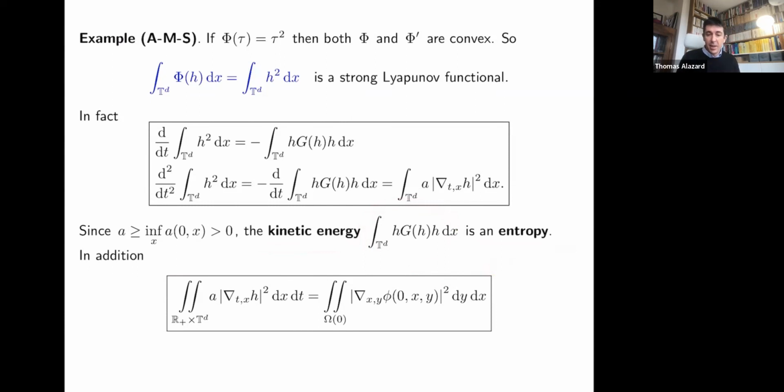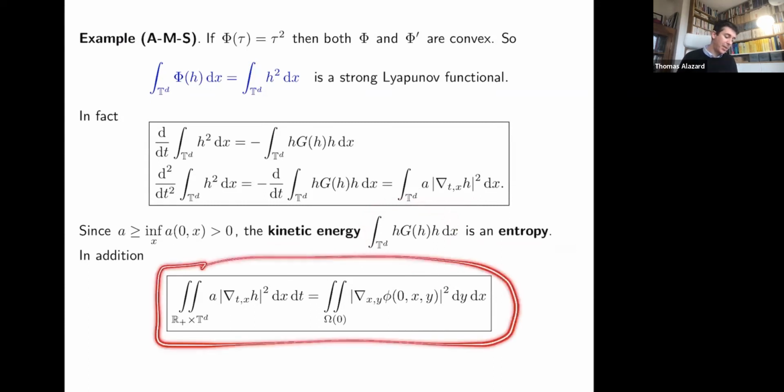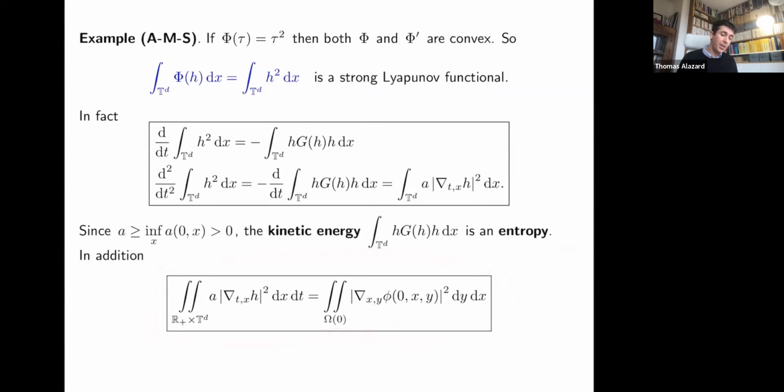And if you integrate in time the resulting equation, you get a funny formula that relates a double integral for the initial data, for the initial velocity, to a double integral, but with different variables, t and x, involving H and the function A.